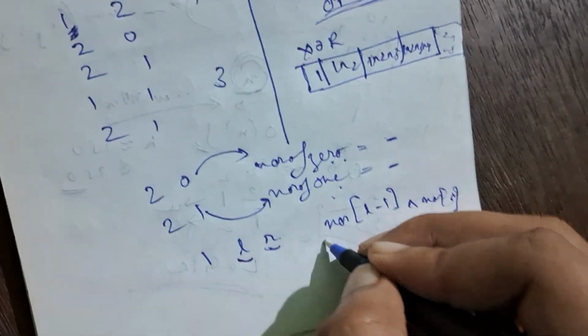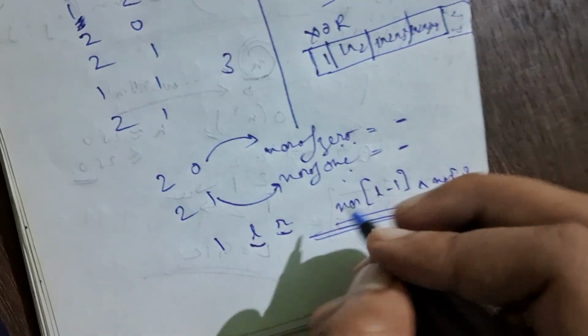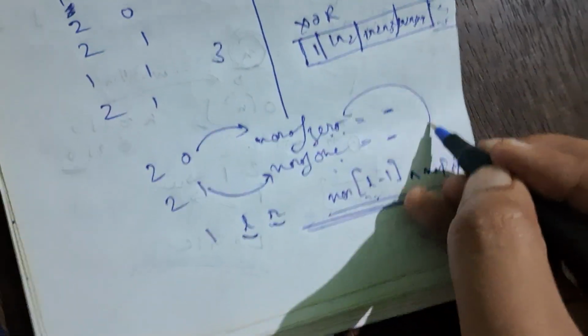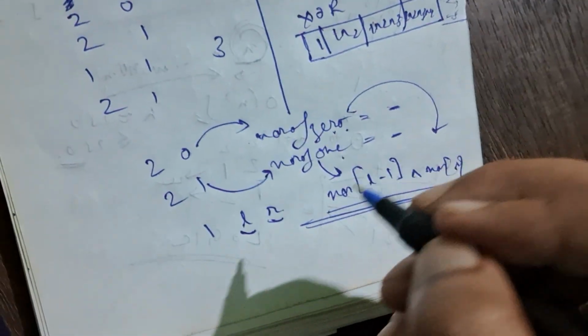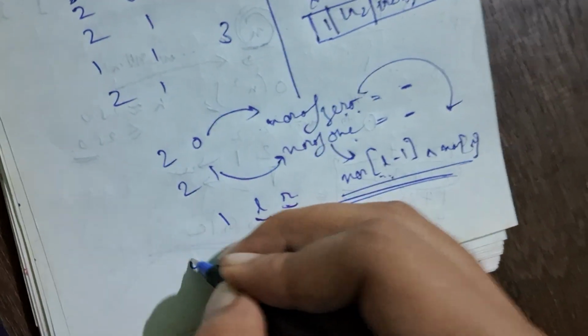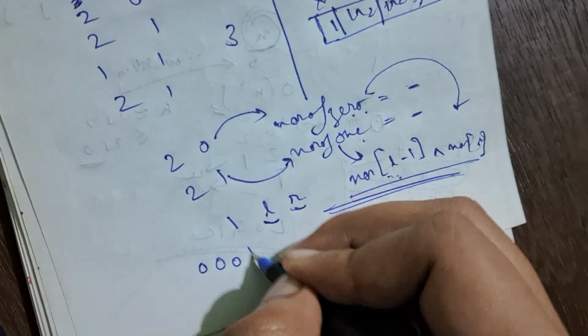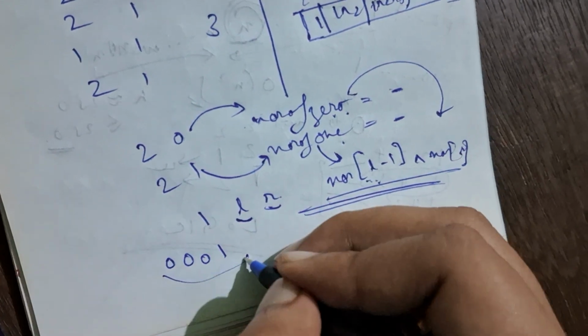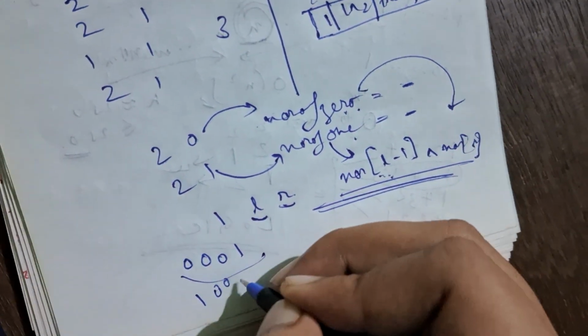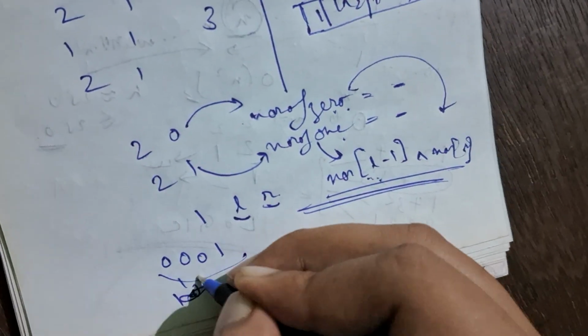Once you have found this, you have to XOR it to both the values. Why are you going to XOR it? Let's say initially the string was 0, 0, 0, 1. After changing it, it becomes 1, 1, 1, 0.